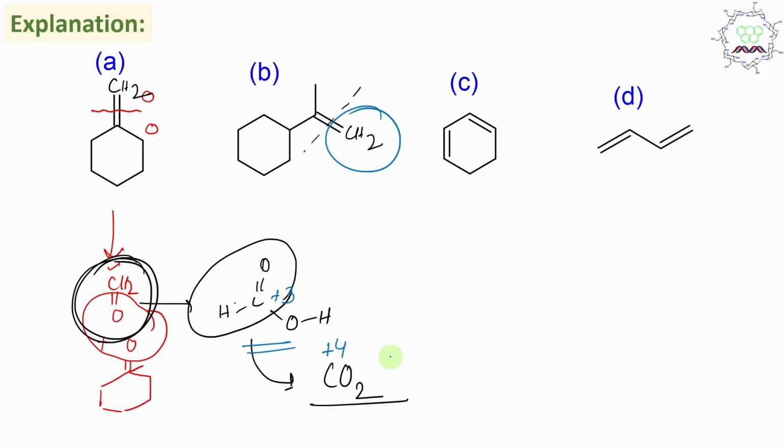So these will produce carbon dioxide. This will also produce, because on this side one CH2 is present and on this side one CH2 is present. In short, if it is a terminal alkene, meaning if a CH2 group is present, it will oxidize and ultimately produce formic acid, which on further oxidation gives carbon dioxide.